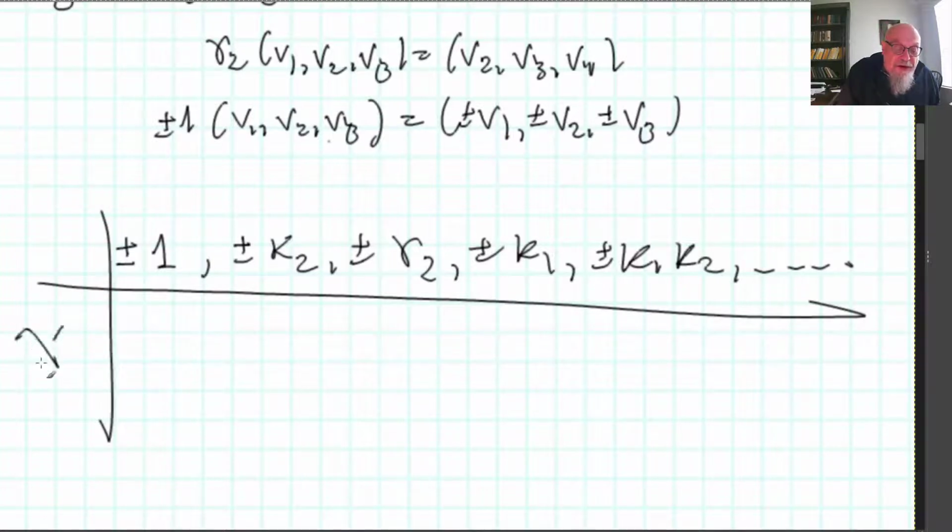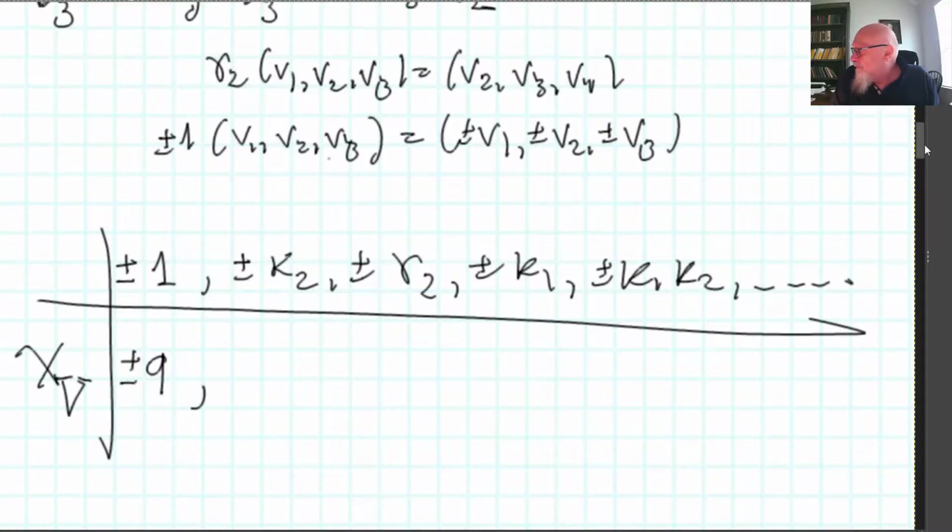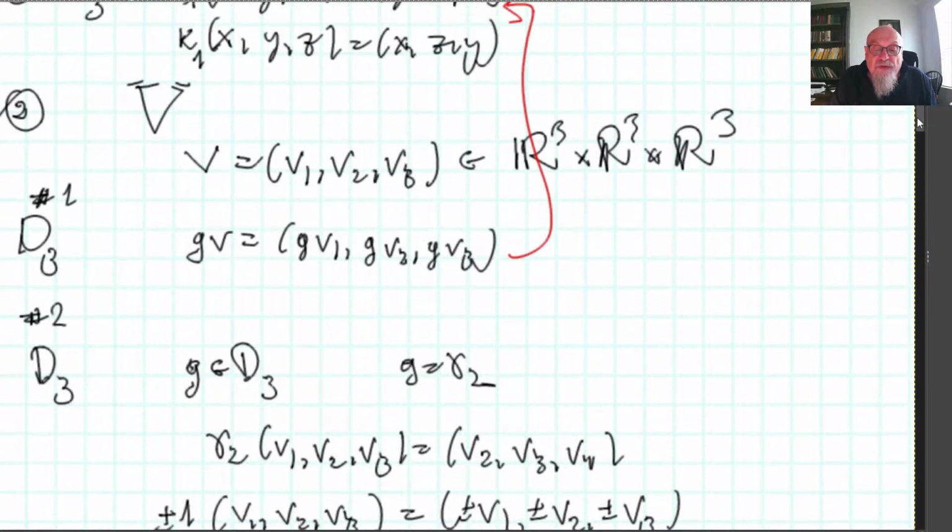So let's compute the character of this representation. The first one gives you the dimensions. So of course the dimension, and then if you multiply the entries by minus 1, it will be plus and minus 9. So what about the kappa 2? Kappa 2 actually is doing the following.